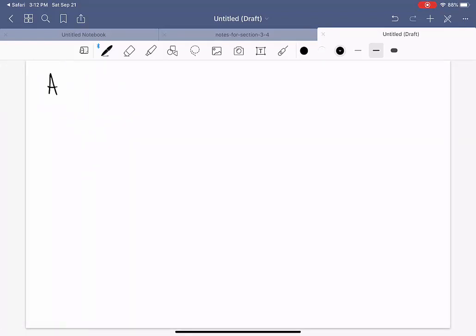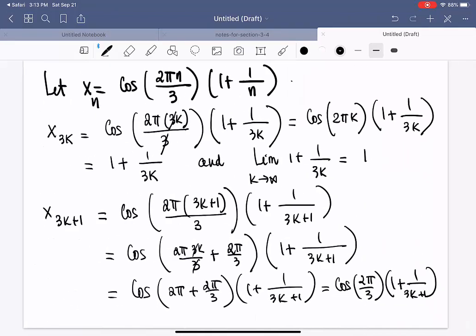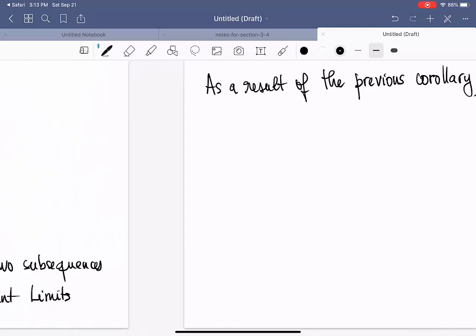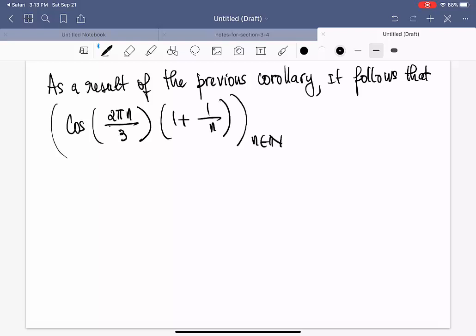Okay, as a result of the previous corollary, it follows that the given sequence, cosine of 2 pi n over 3 times 1 plus 1 over n, this sequence here is a divergent sequence.